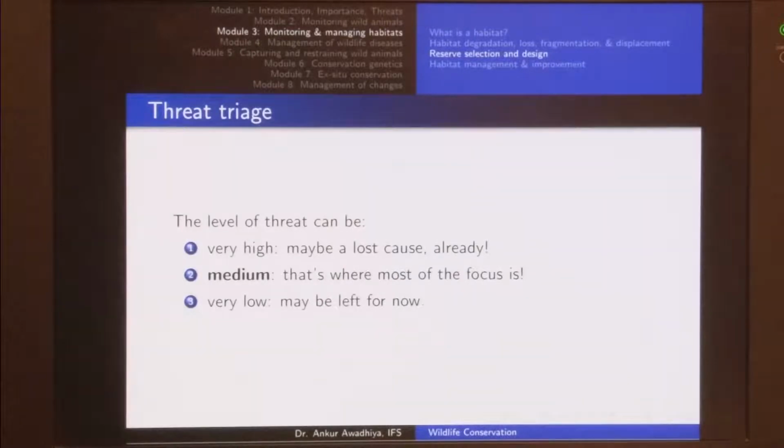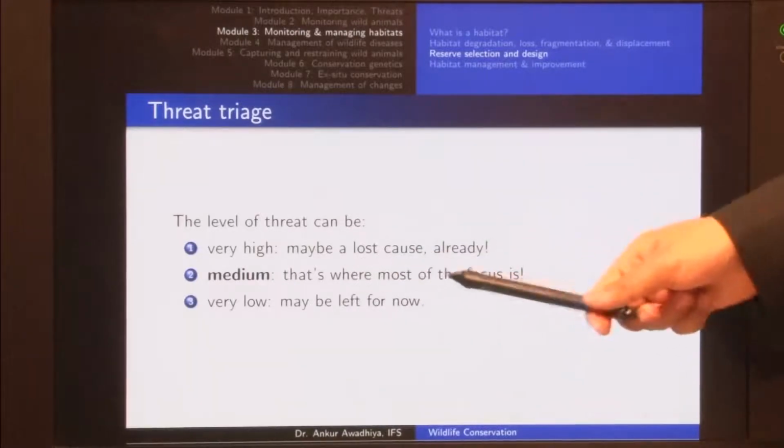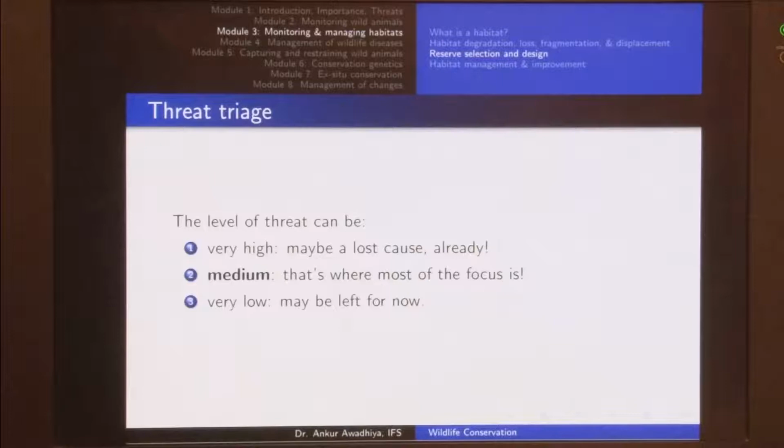So, there is a huge pressure in the very small forested areas. Maybe those areas are already a lost cause, because by the time we are through with the legislations, with the executive procedures to construct that reserve, maybe people would have already taken that forest area off the map.